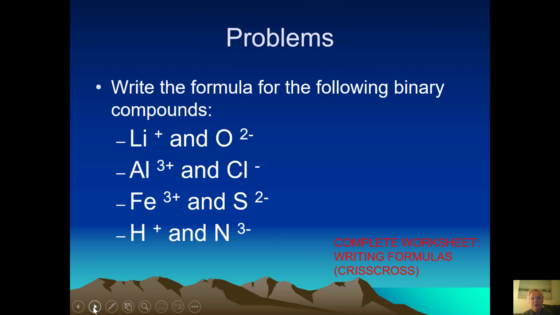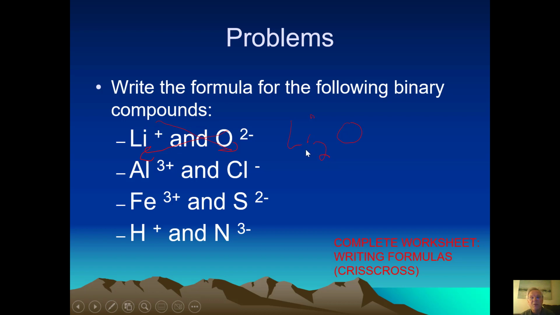Here are some examples. Lithium and oxygen. Lithium has a +1 oxidation state and oxygen has a -2. So I bring this charge down here and I bring this charge down here. That makes this Li2 and this O without a number 1 written under it.